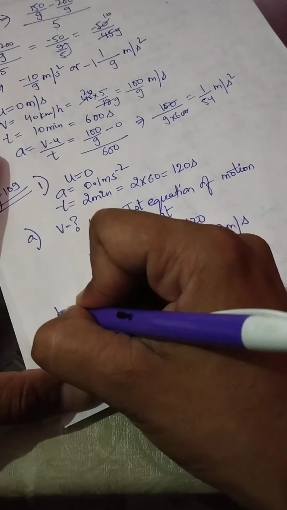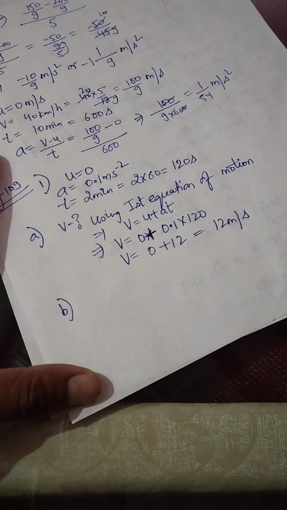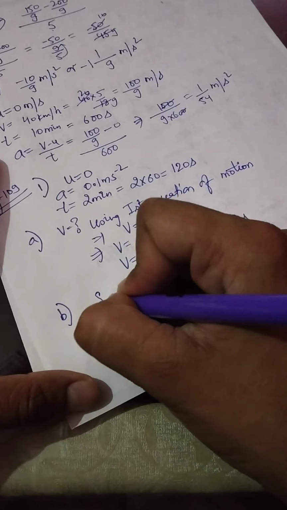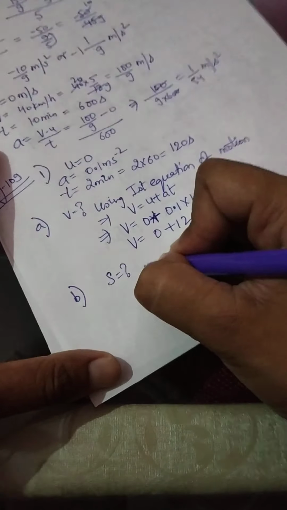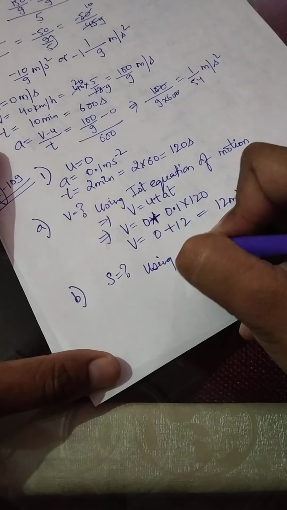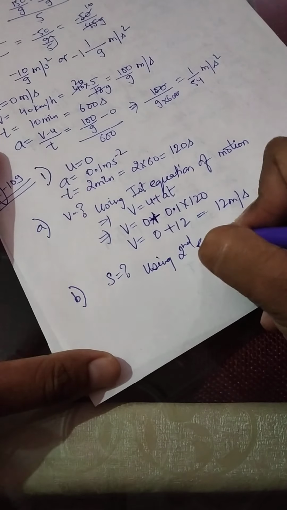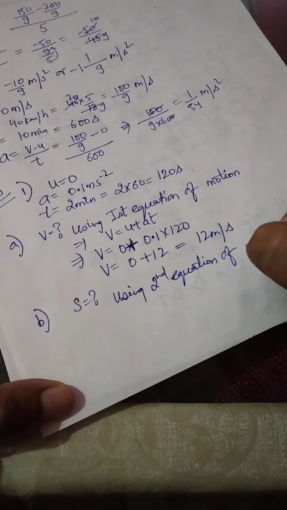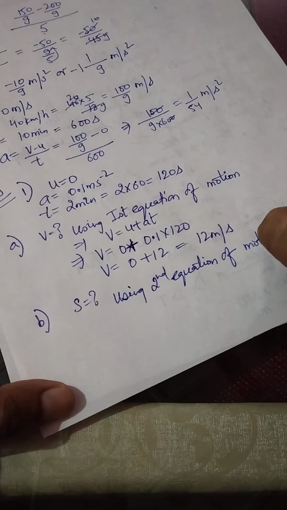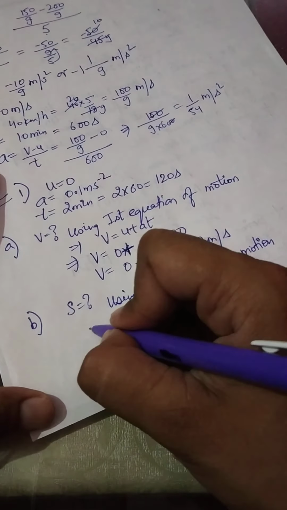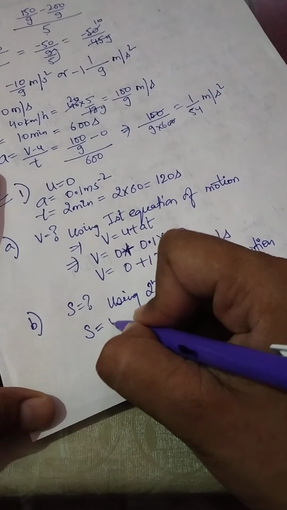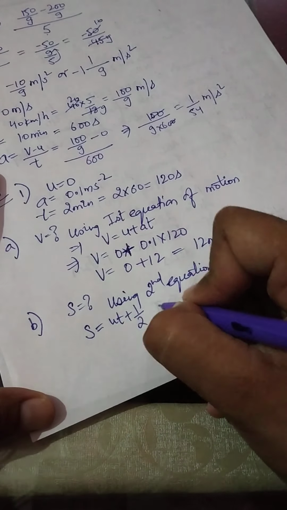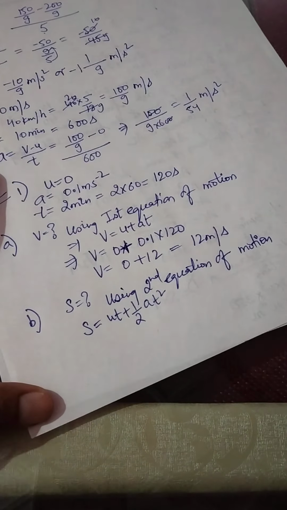The B part says the distance traveled, that is we have to find out the s using second equation of motion. We have s equals ut plus half at square.